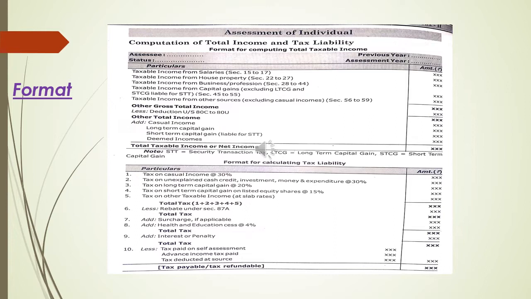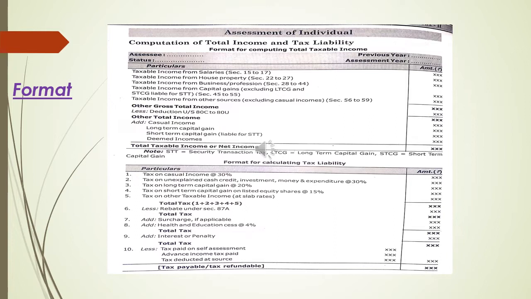And after all these, whatever is the left out income is taxable under slab rates. That's why it is given in the bracket. You can identify the difference between the slab rate and the flat rate. Now the total of all these 5 put together is your total tax.